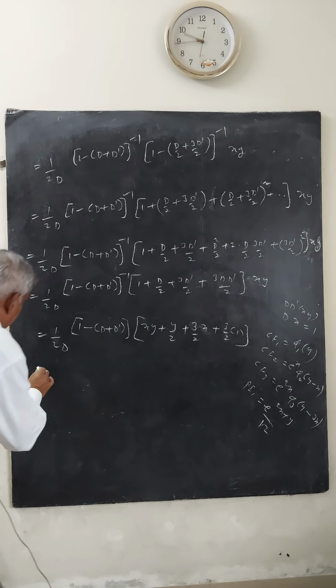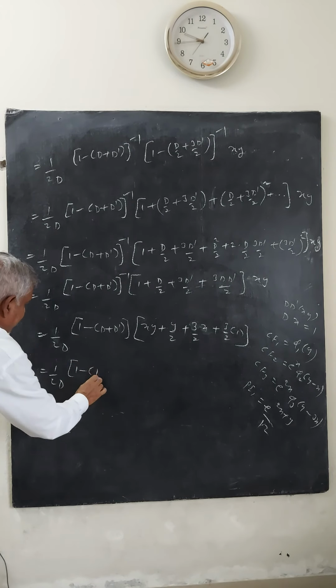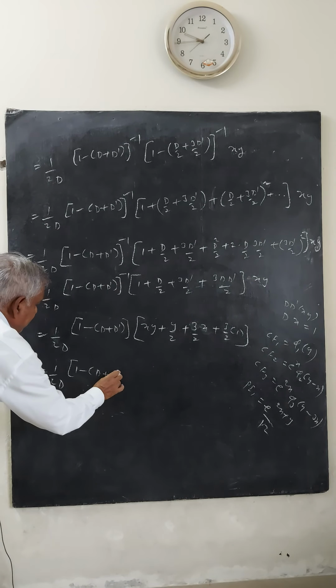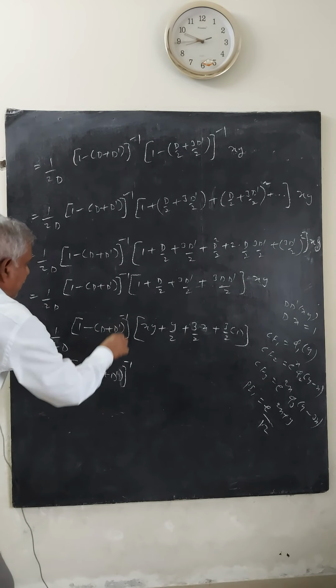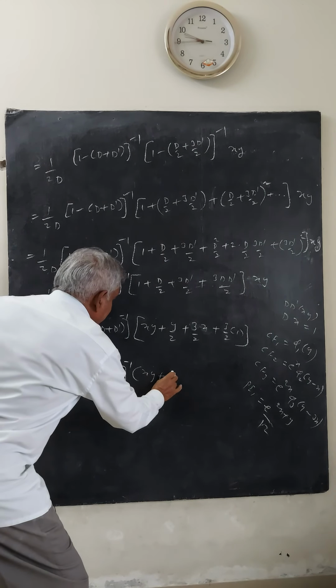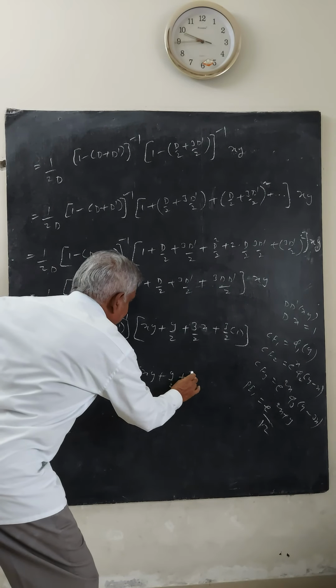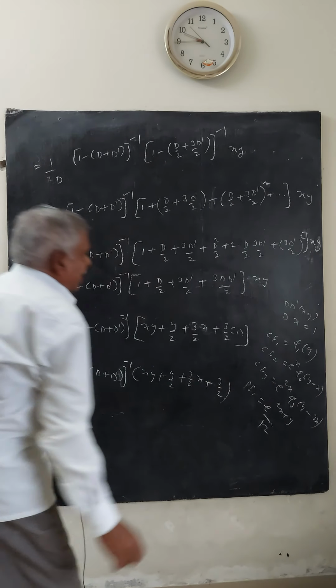Equal to 1/2 [1 - (D + D')]^(-1) of [xy + y/2 + 3x/2 + 3/2].